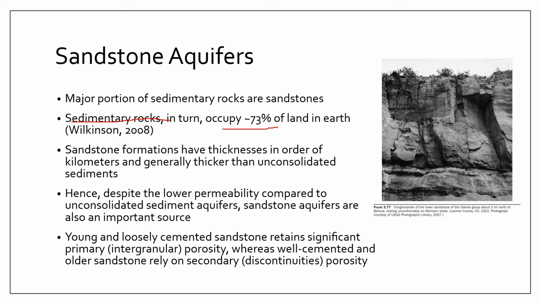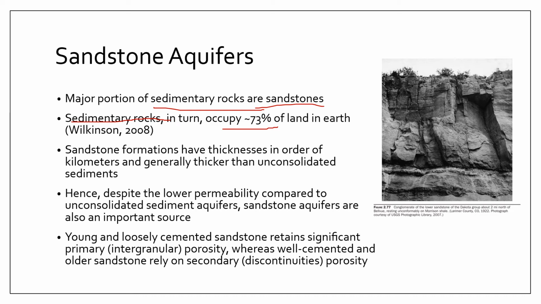So you have a lot of sedimentary rocks in the earth, and most of your sedimentary rocks are sandstones. So by that logic, you can expect a lot of sandstone formations in the earth, and therefore sandstone aquifers are hugely abundant in the earth.